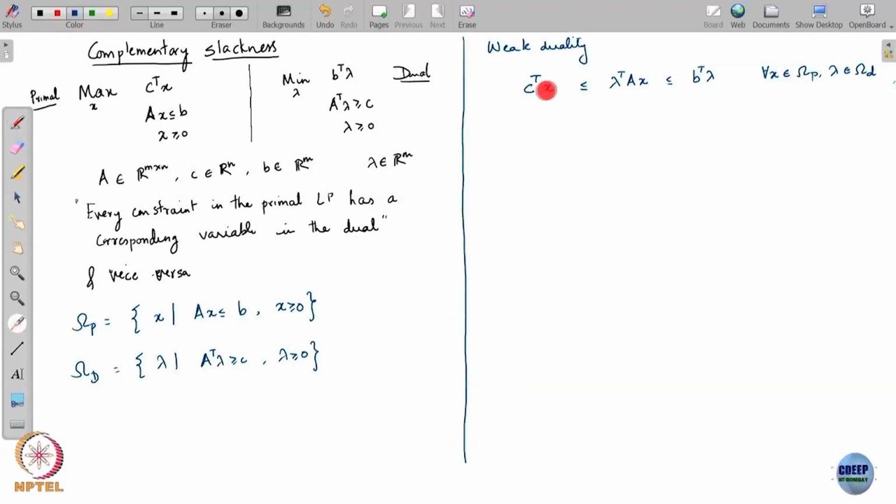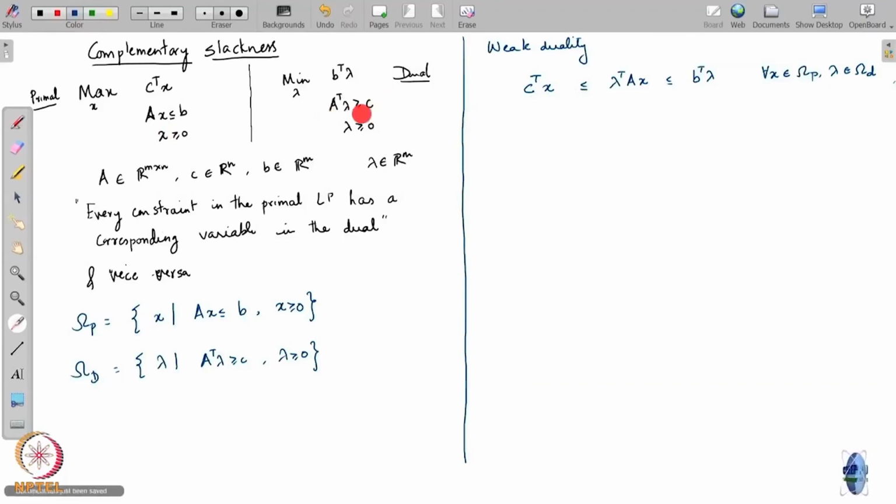So what have I done to get to this relation? I have C transpose x, and I know that C is less than or equal to A transpose lambda, in other words C transpose is less than or equal to lambda transpose A. I am multiplying both sides by the vector x, and x being greater than or equal to 0 because x belongs to omega p ensures that the inequality is not flipped.